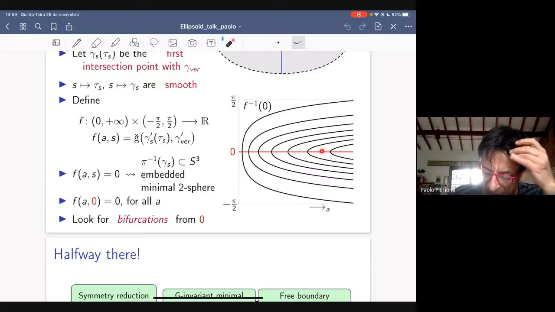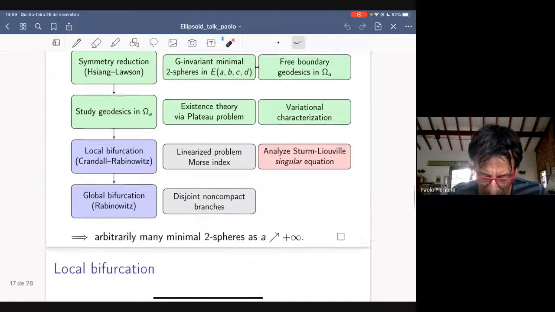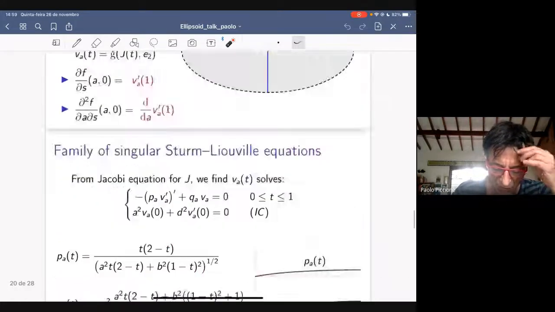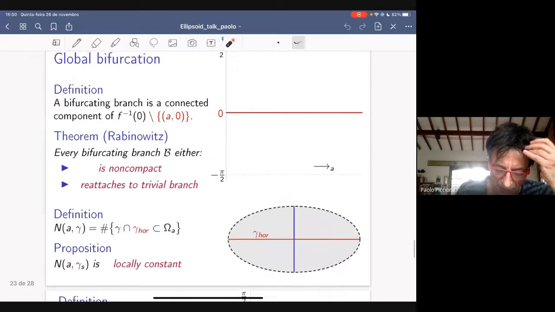Basically, this means that for each value of a, the set of minimal spheres corresponding to that a is compact. And that is also a classical result that if you are in dimension 3 with positive Ricci curvature, then the space of minimal submanifolds is compact. Okay, so this is the properness assumption that you need for this global bifurcation result of Rabinowitz.